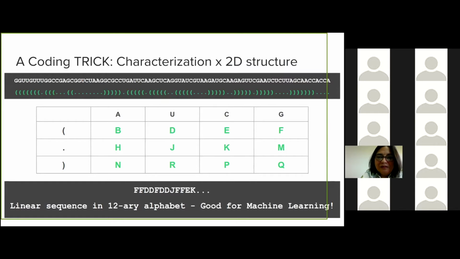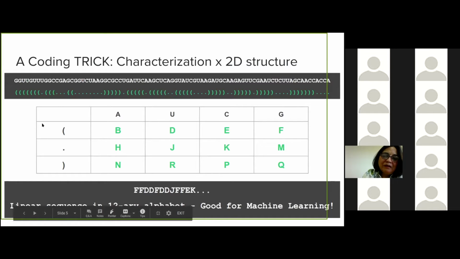In this case, you have the 4 letters of the RNA molecules, and here you have the 3 letters of the Bragg notation, and here are the corresponding symbols we use. Using this table, you can merge these two sequences into just one sequence, which is expressed in a higher order symbolic level.